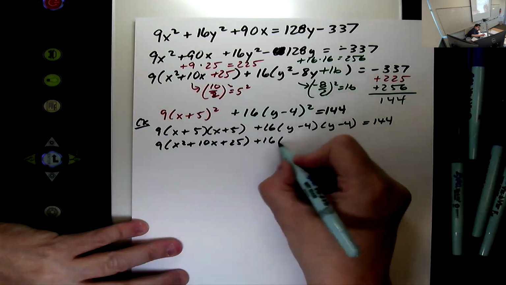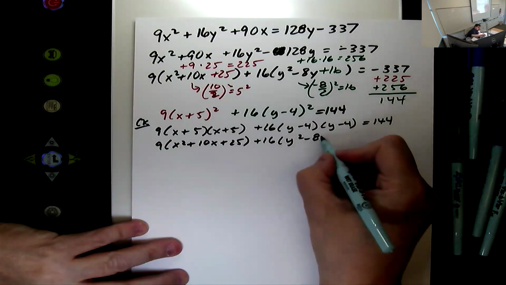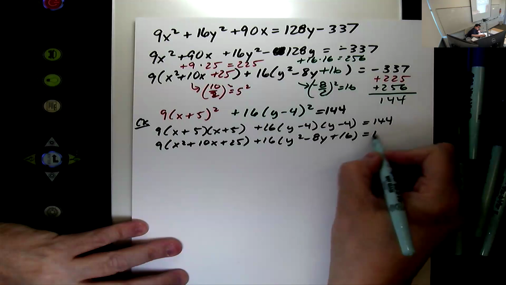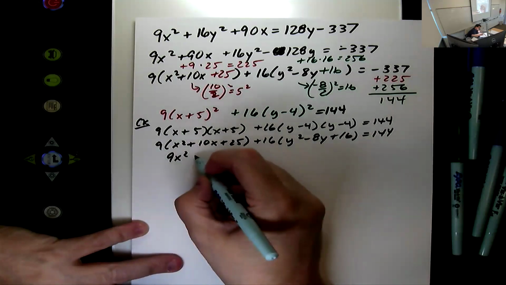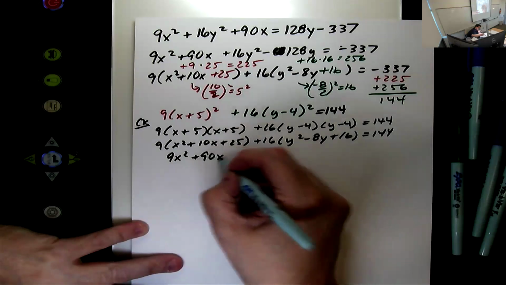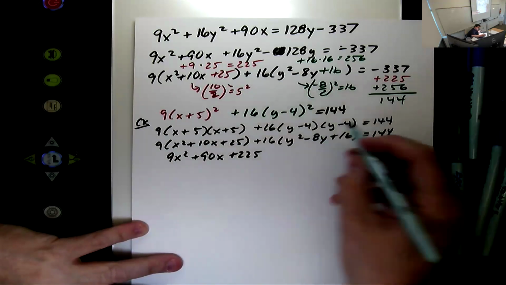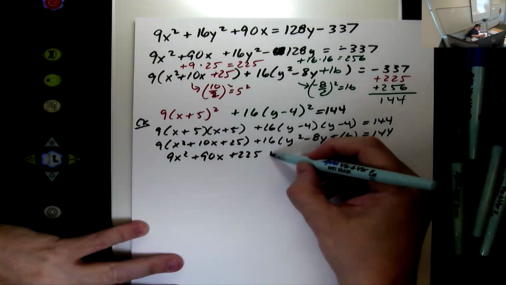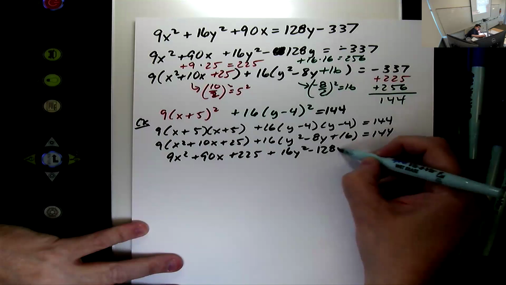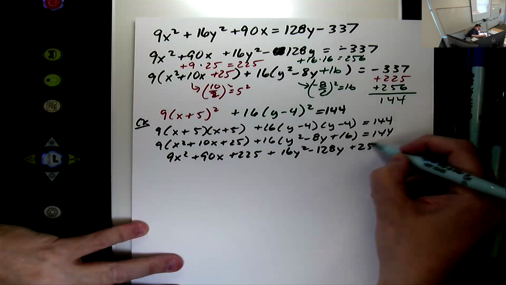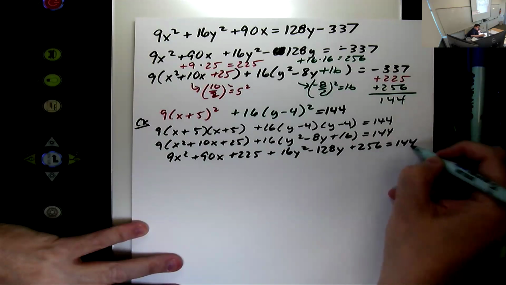This is y squared minus 8y plus 16. I have 9x squared plus 90x plus 225 plus 16y squared minus 128y plus 256 equals 144.